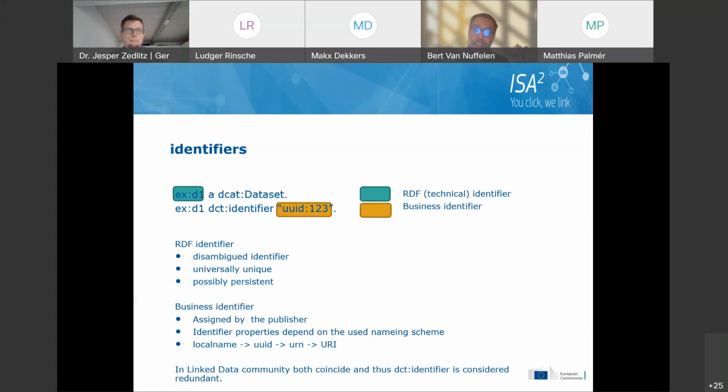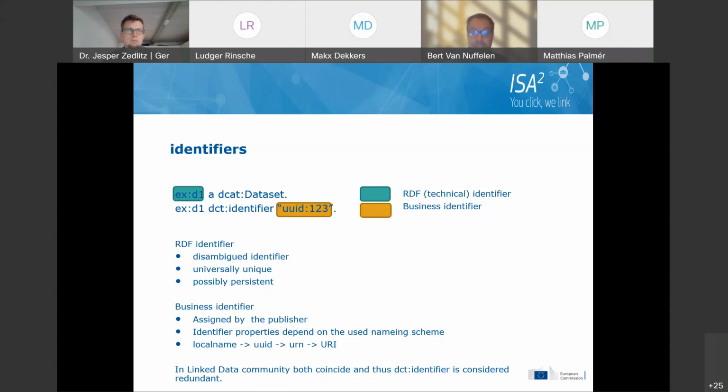The RDF identifier is disambiguated, universally unique, and possibly persistent because the URI has these properties, whereas this business identifier, the orange one, is assigned by the publisher.